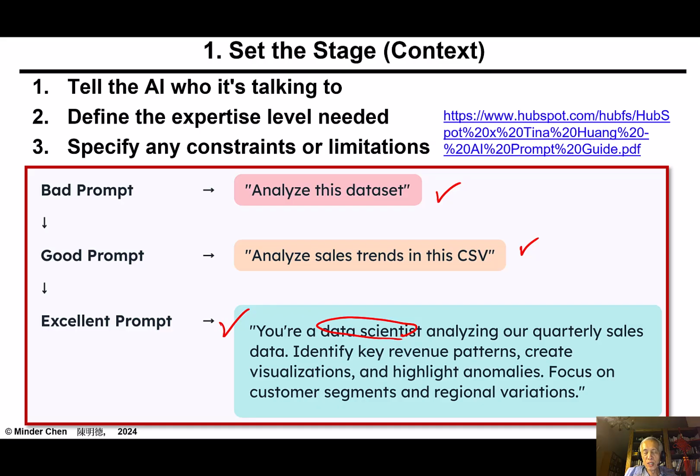This data needs to be uploaded as a CSV file. Identify key revenue patterns, create visualization. This is kind of the output you're expecting. Highlight anomalies, and then focus on customer segmentation and regional variation. Okay, so it's very detailed. If you don't mention what you're looking for, the system will give you something, but may not be exactly what you're looking for.